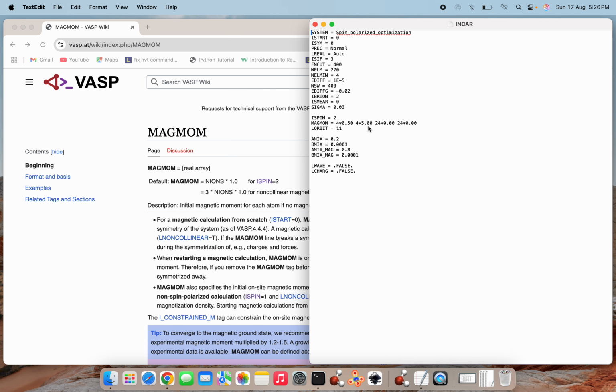Okay, and based on this 5.0 value we can say the next 4 Fe atoms are in the high spin state. So this way one can define the spin states, high or low spin state. We can also assign these to different atoms by setting these MAGMOM values.